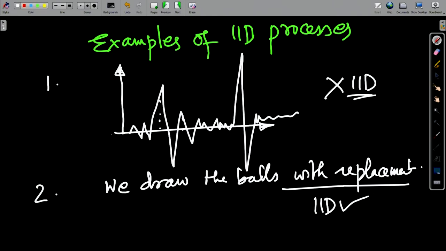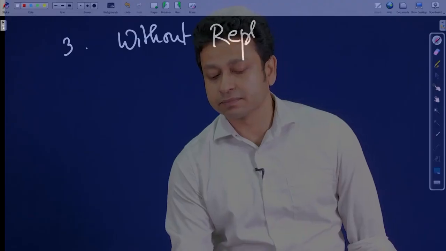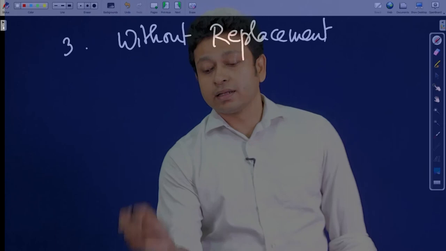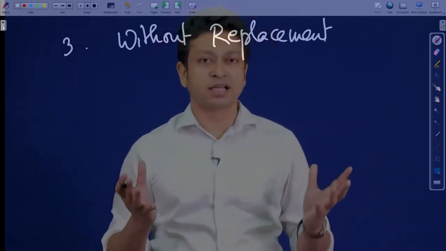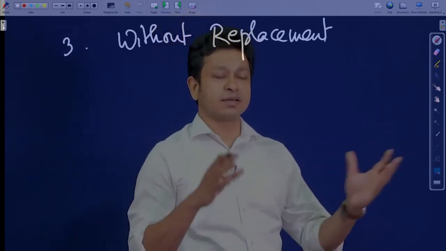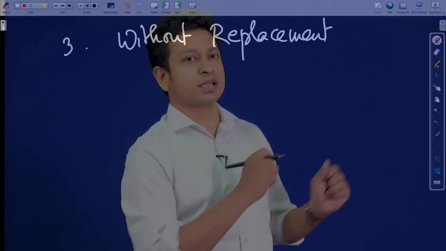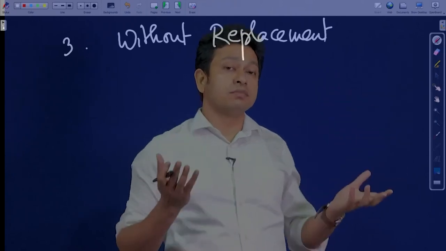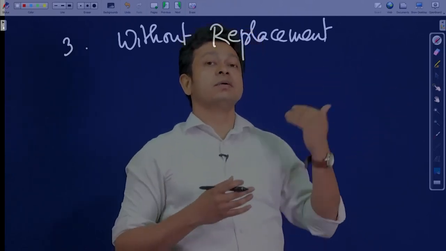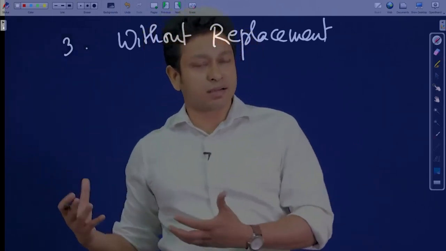Okay. Now, I give a third example. Let us say without replacement. What is happening here? If I have the same balls in an urn and I draw some balls, whatever you draw in the first trial, other balls remain there, and the outcome of the next trial is dependent on the previous trial, because you drew some ball out of the urn and you are not returning it.